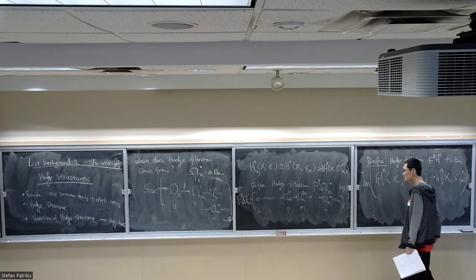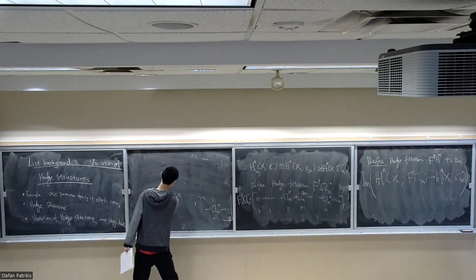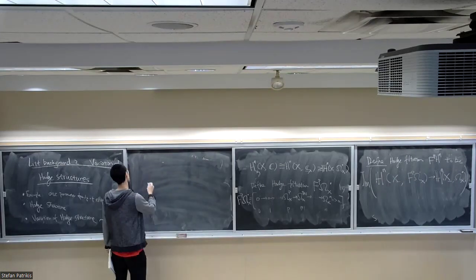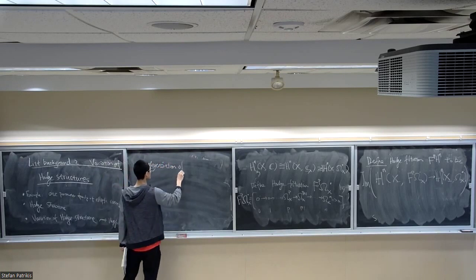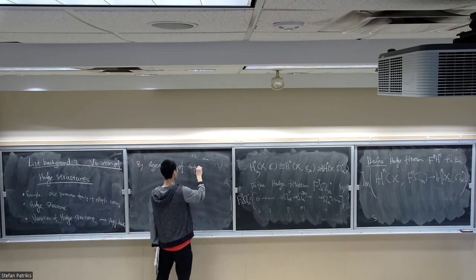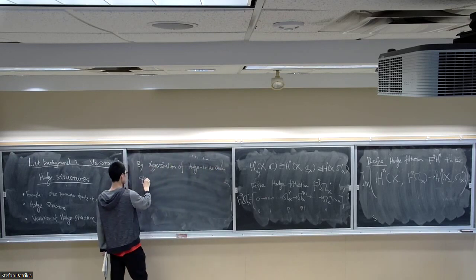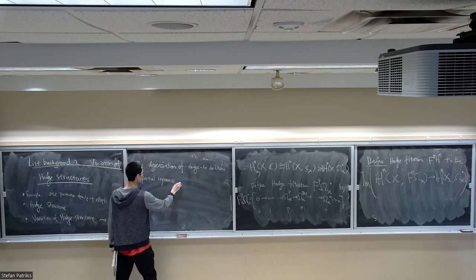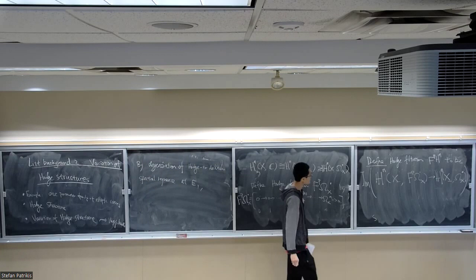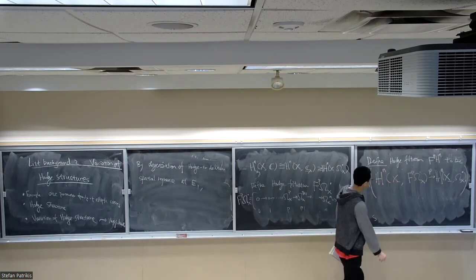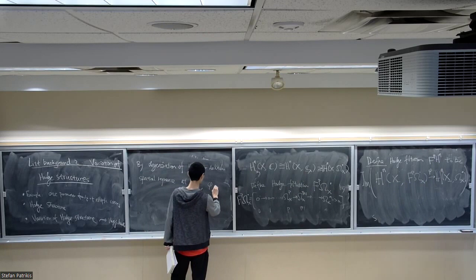And what happens is that by degeneration of the Hodge to de Rham spectral sequence at E1, this tells you that, let's give a name of this phi, phi is actually injective.